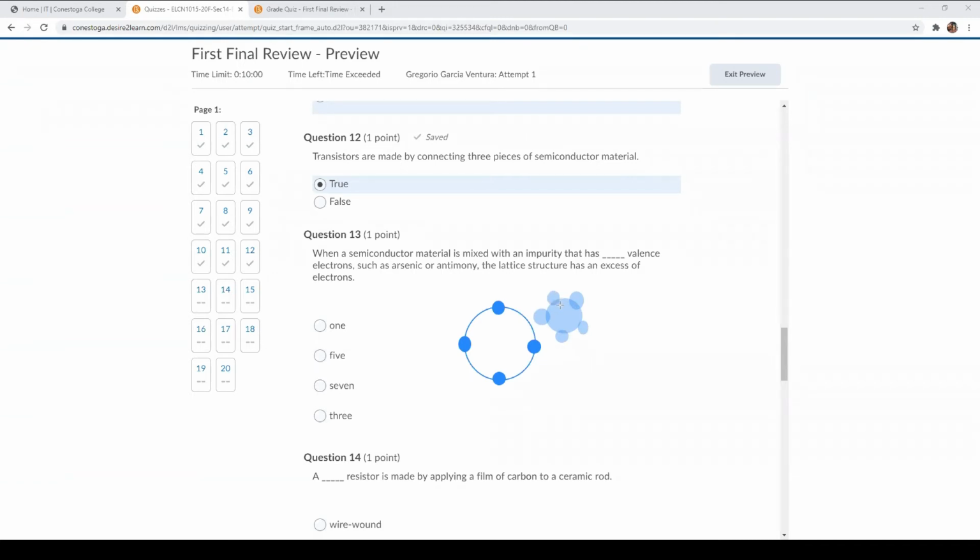However, because we have 5, we are going to have an electron that is free to travel. And in that instance, because we have more negative charges than positive charges in that material, it is considered to be an N-type material. So that becomes an N-type material. So in that case, the answer is 5. So let's keep moving.